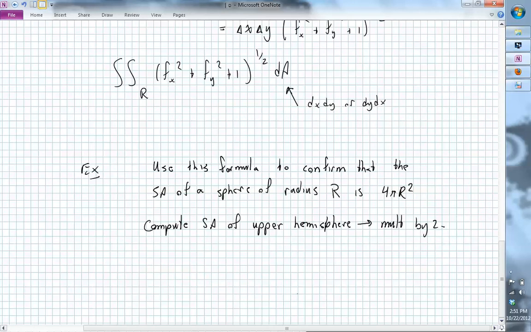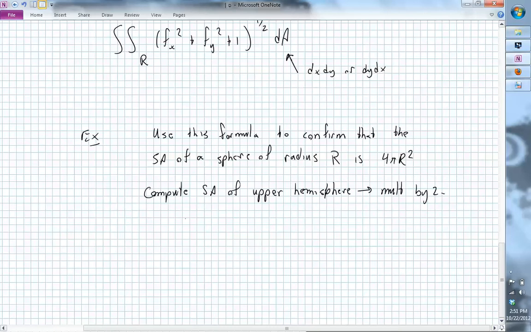Okay, so what's the equation of the upper hemisphere? Well, if you take x squared plus y squared plus z squared equals capital R squared and solve for z, that's z equals the square root of R squared minus x squared minus y squared. That's the equation of the upper hemisphere. That's SA, surface area.